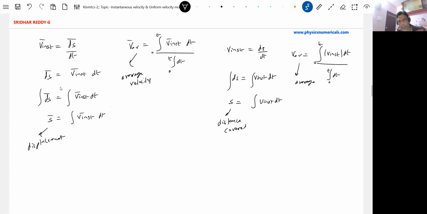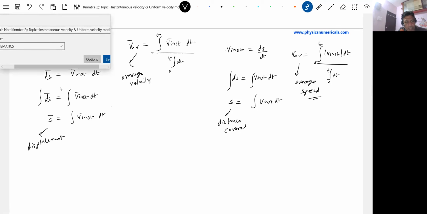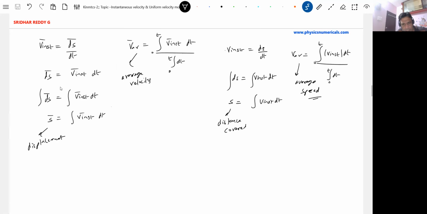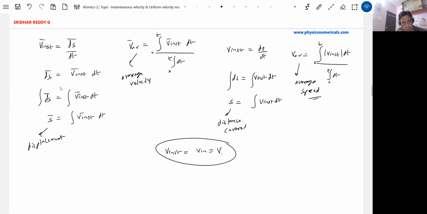So if you know one quantity, you can predict all the remaining quantities. That's the idea of instantaneous speed. So what is instant speed? What is average speed? Velocity at that instant, I'll call instant speed. Usually what is the symbol? V instantaneous. In some books, they call it V in. If I don't write any suffix here, then it is said to be instantaneous. If it's average, I will mention AV.